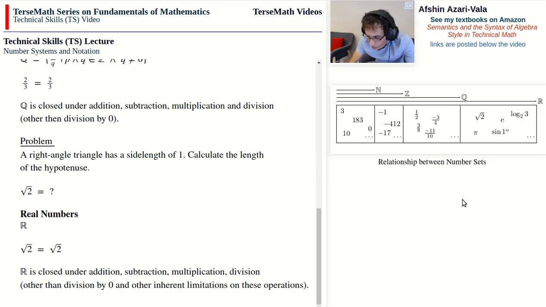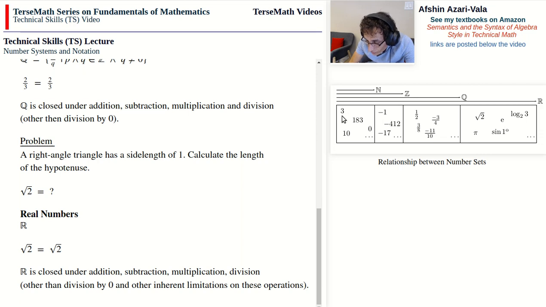All right, it's also important to keep in mind that these sets extend the ones that come before them. So N, for example, which is the set that extends to this point, includes numbers like 3, 10, 0, and so on. And Z starts from the very beginning. It doesn't include only the extension. It includes everything from the beginning.